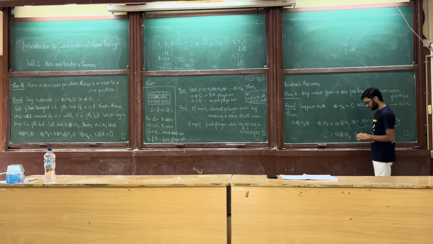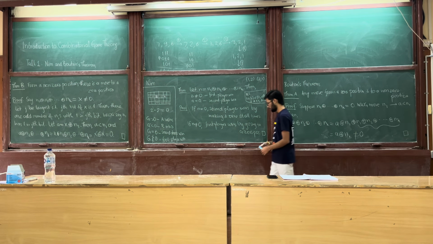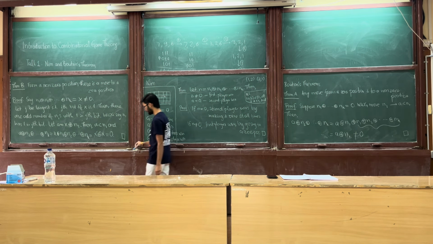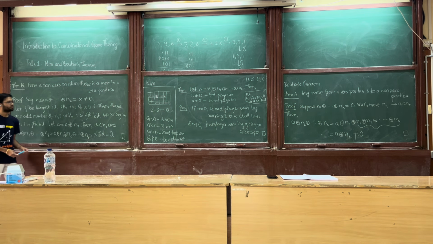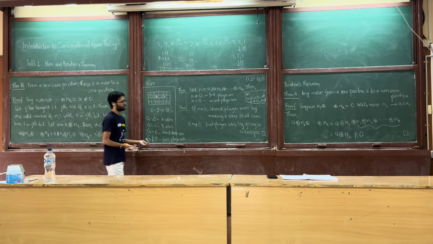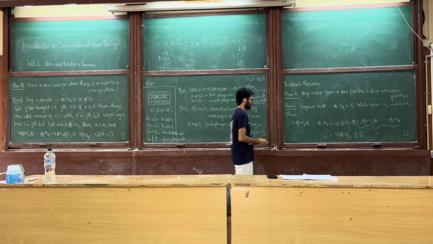There is also a branch of the subject called temperature theory, where we study temperatures of things. As funny as it sounds, it's very interesting, but we won't do it in these talks. It will take a lot of time to develop.